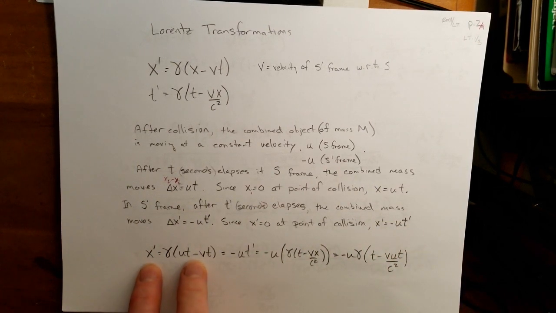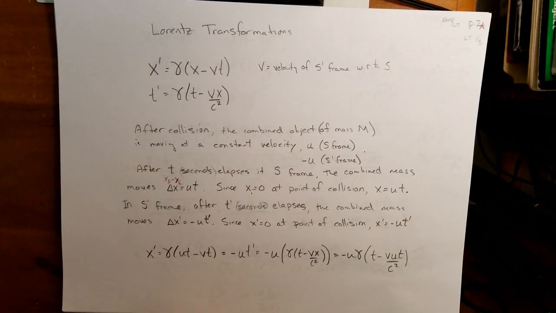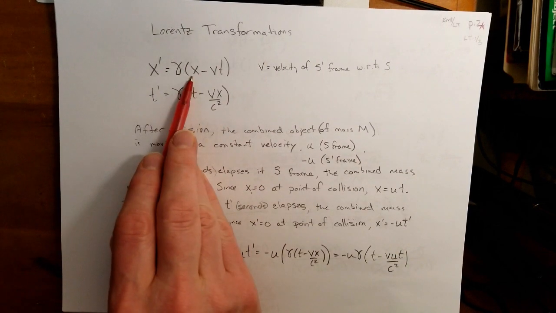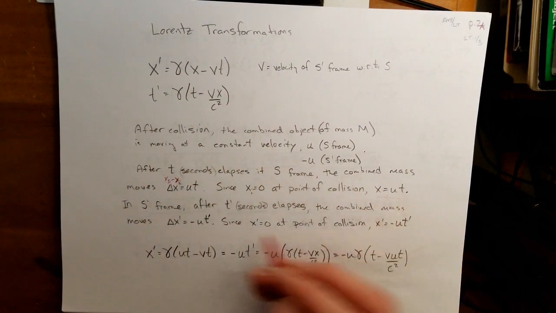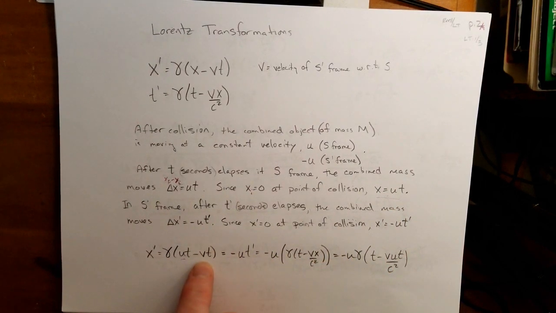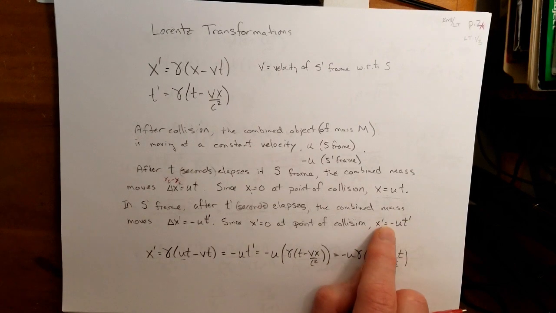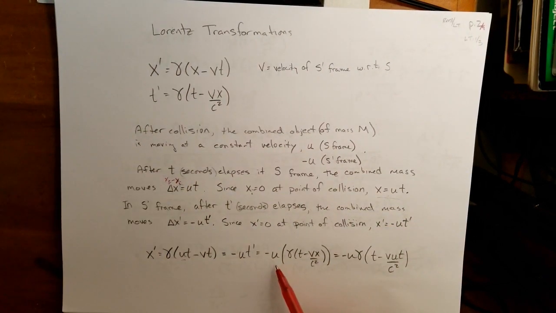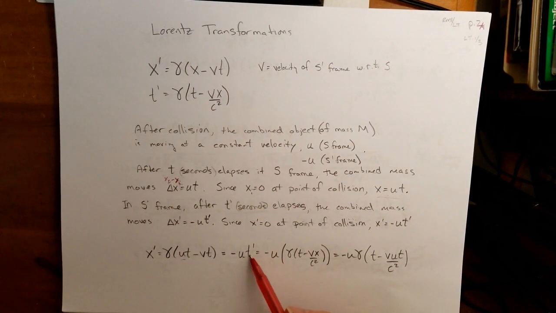Now I bring in the Lorentz transformations. I have that x is equal to ut, and then x prime should be equal to negative ut prime, as figured out there. I can now use the Lorentz transformation of t prime and plug it in here.